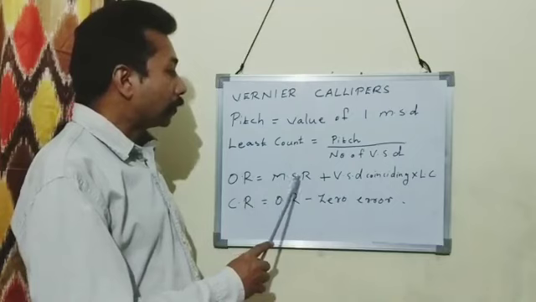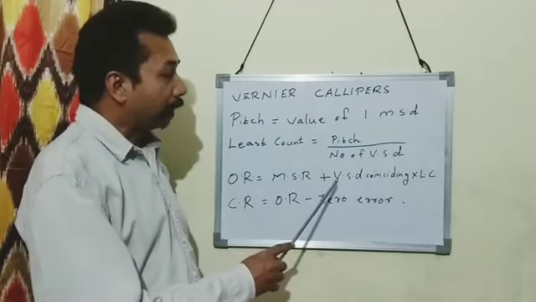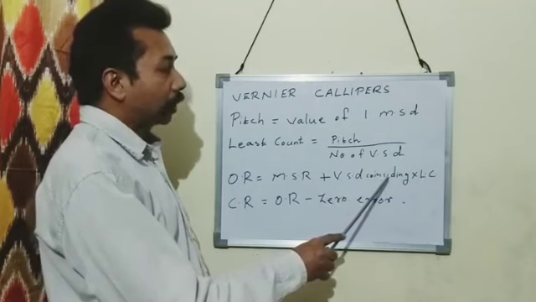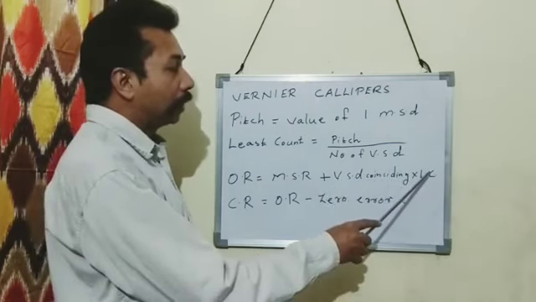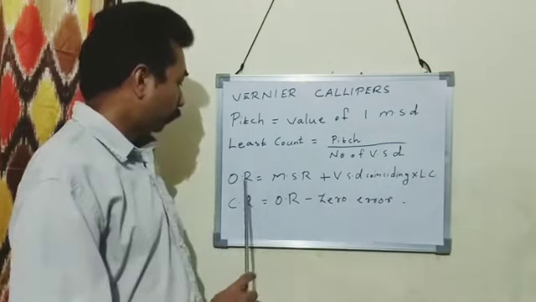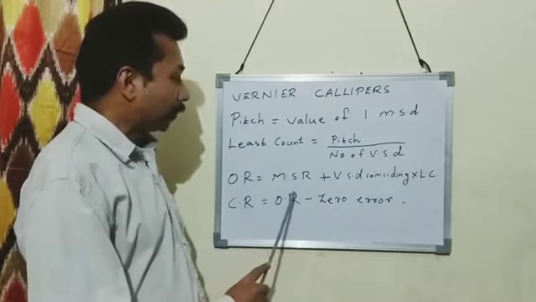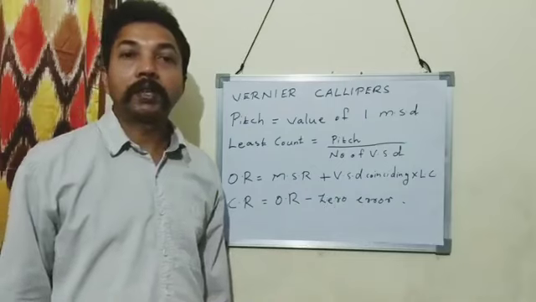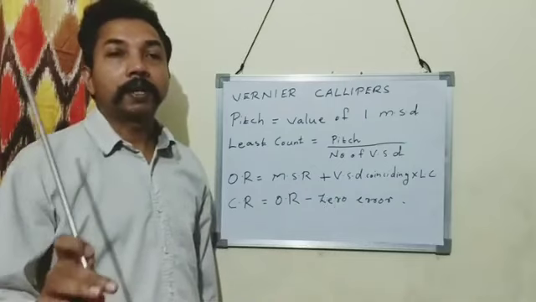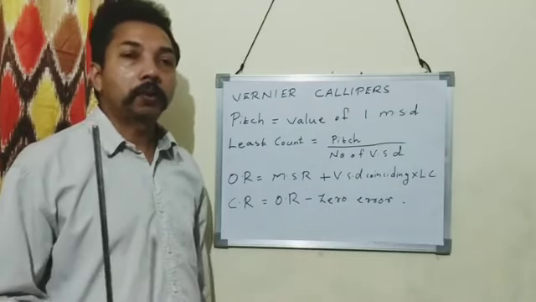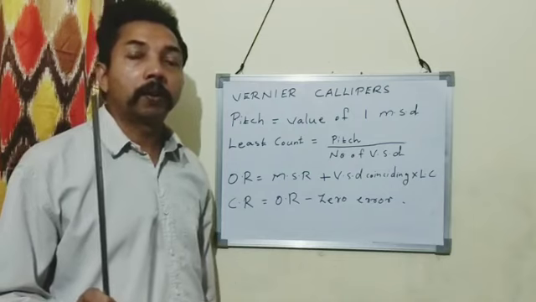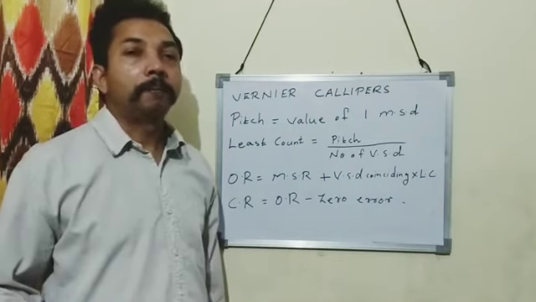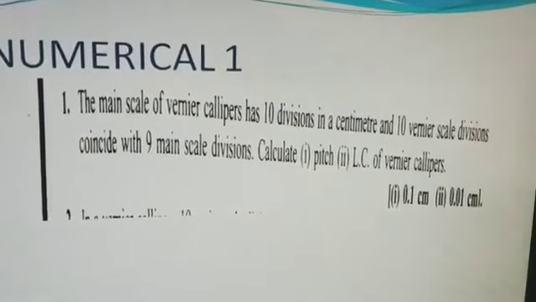Observed reading is equal to main scale reading plus vernier scale division coinciding into least count. Then correct reading is equal to observed reading minus zero error. So these are the formulas which are used for solving the numericals of vernier caliper. Now we will see some numericals.